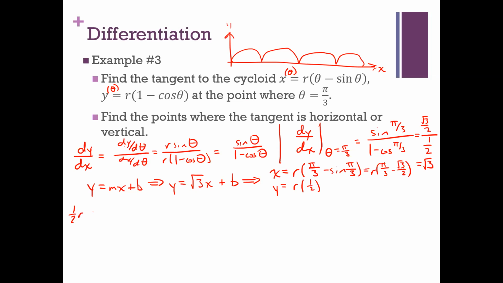Does this get simpler or is it going to be really gross? Let's see. So 1/2 r equals radical 3 times r times pi over 3 minus radical 3 over 2, plus b.